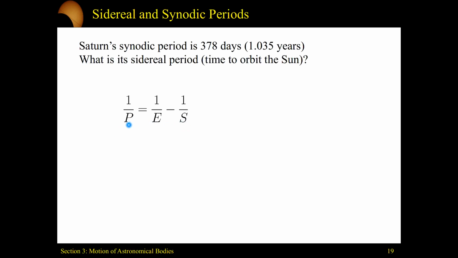So we need to get P up into the numerator, but I have a problem of different denominators. So what I'm going to do is multiply the 1 over E by an S over S, and then the 1 over S by an E over E. I'm multiplying by 1 in a fanciful way so that I can get a common denominator on both terms.